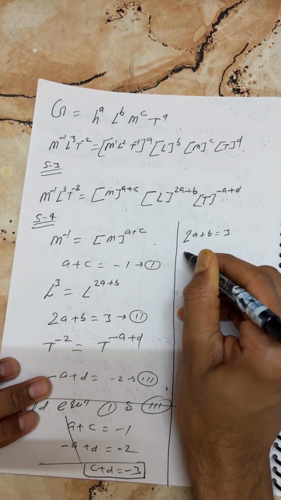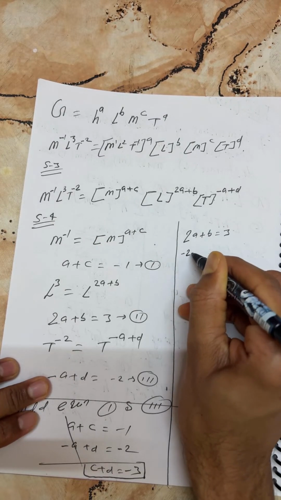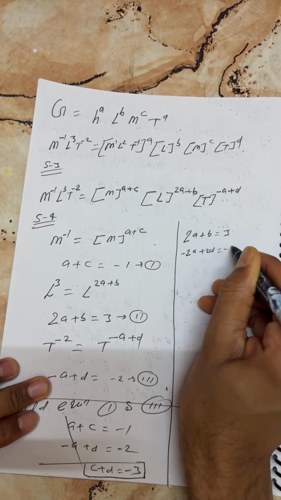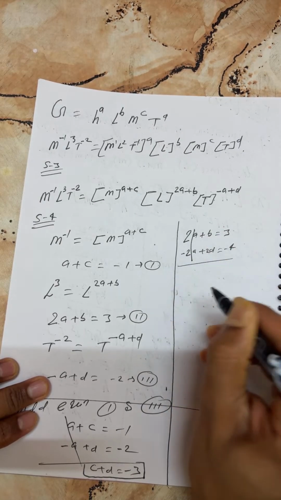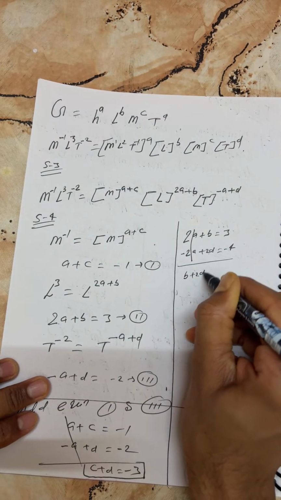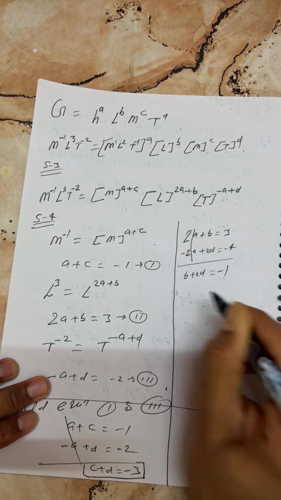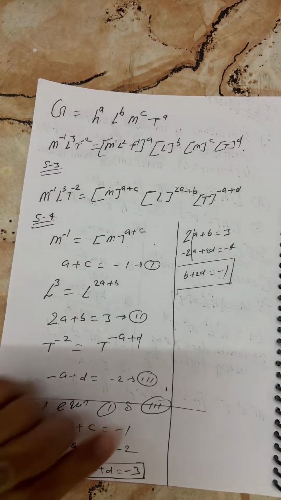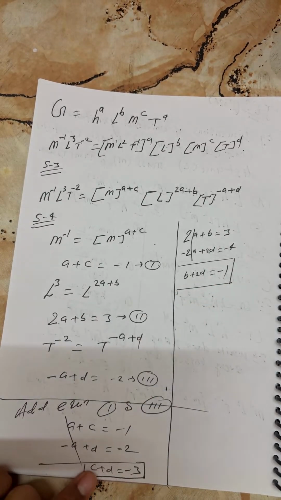I'm multiplying the third by 2, so minus 2a plus 2d is equal to minus 4. Adding, we get b plus 2d is equal to minus 1. But we can get the d value from here and feed it over here.